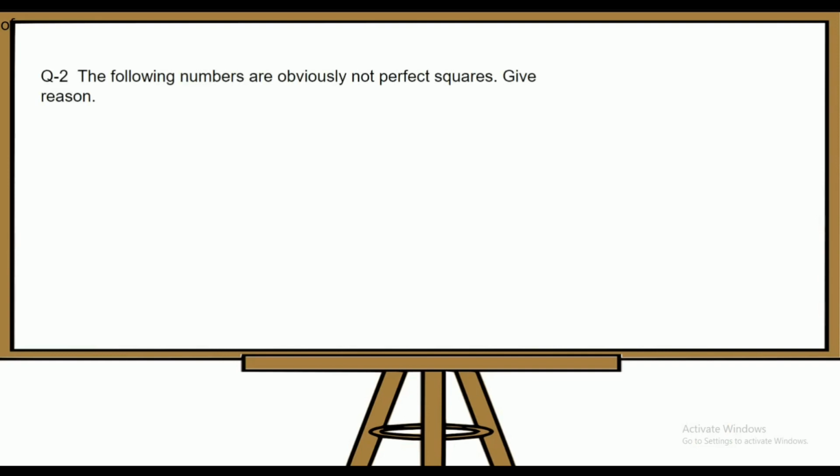Now let us move to question number 2. The following numbers are obviously not perfect squares. Give reason. We are given these numbers and we are asked which of them are not perfect squares.